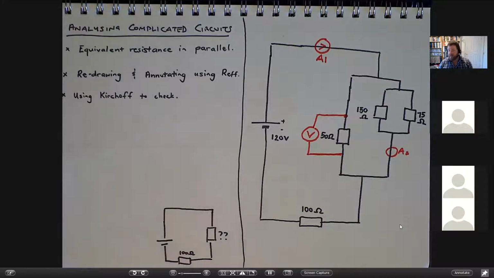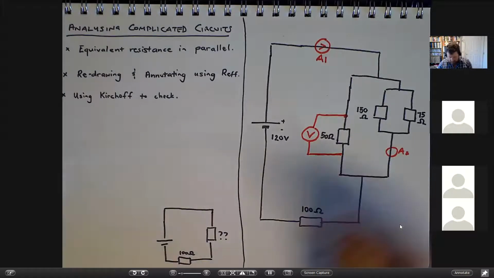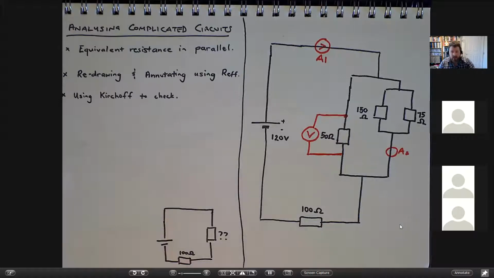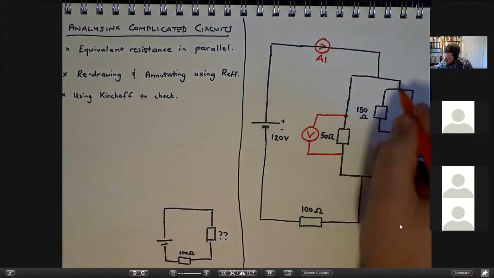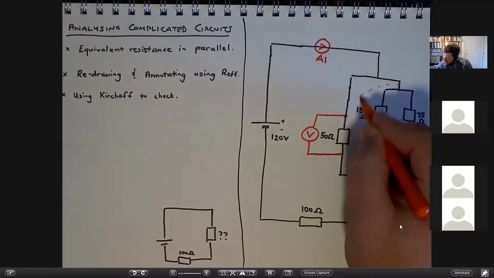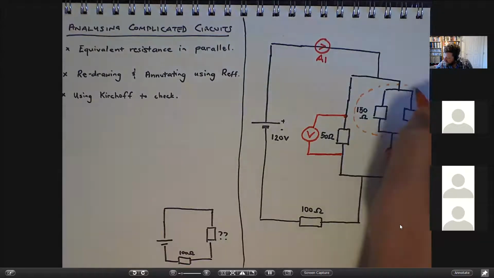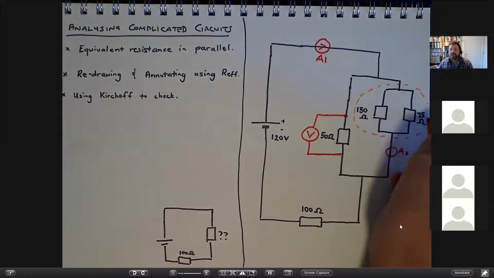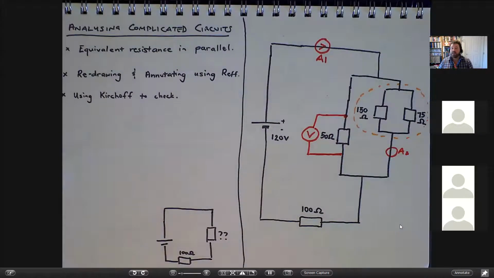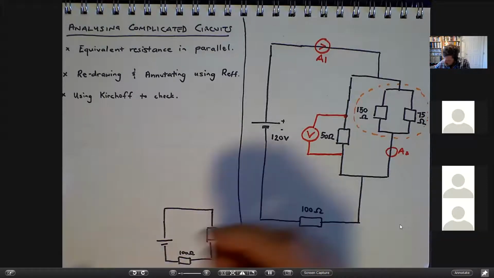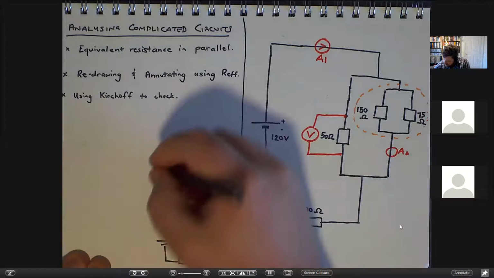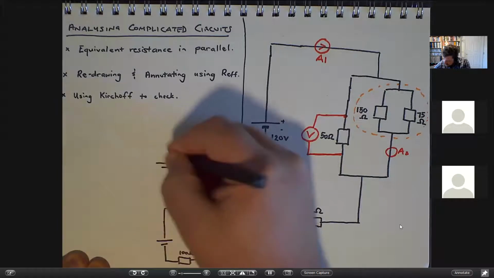But what I do have is this little section in here. We could use our parallel rule to work out the effective resistance of just that bit. Okay, so then that's going to let us write our circuit as something that looks like this.